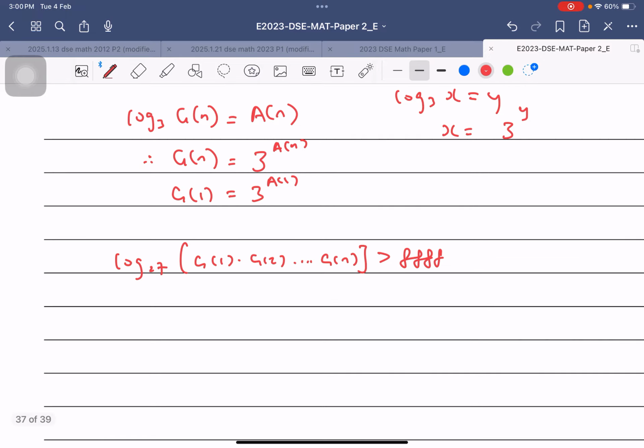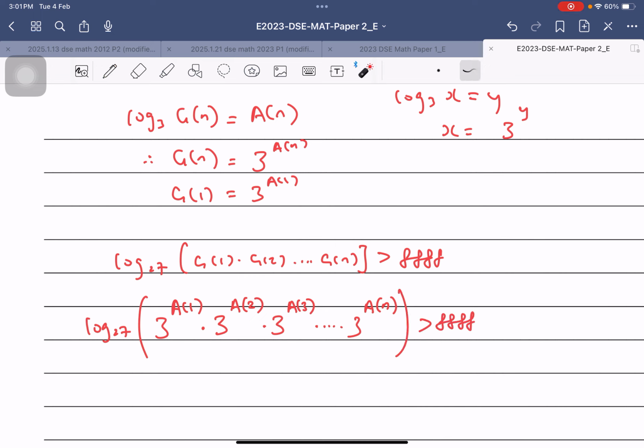So g1 can be changed to 3 to the power of a1, and g2 is equal to 3 to the power of a2, times 3 to the power of a3, times dot dot dot, times 3 to the power of an. Is this okay?